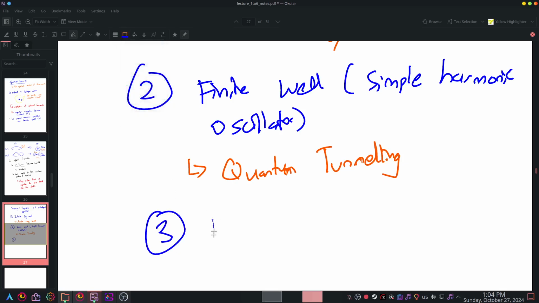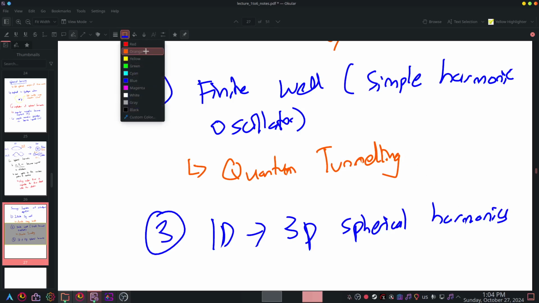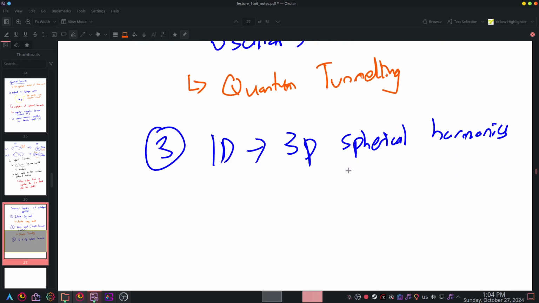Third is that we go from 1D to 3D, spherical harmonics. And what's the implication here? Angular momentum, L, becomes important.